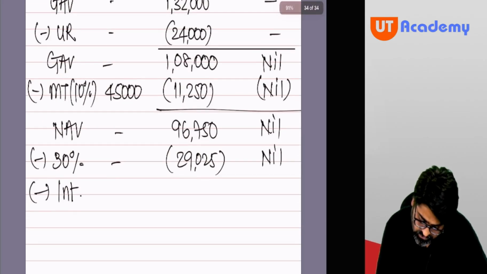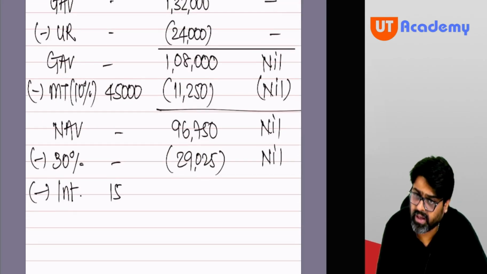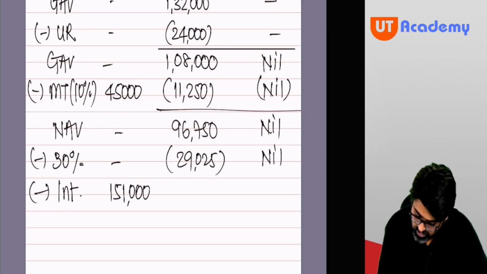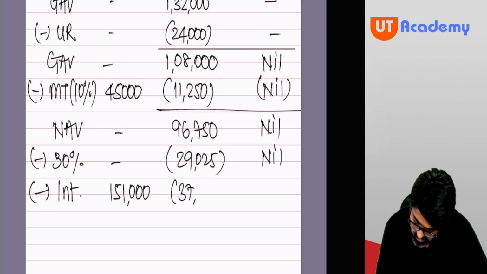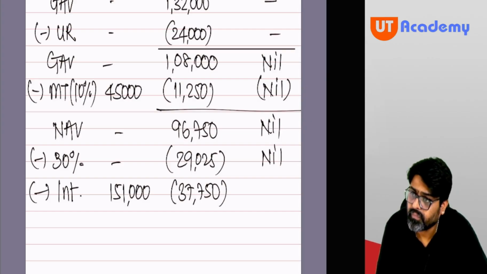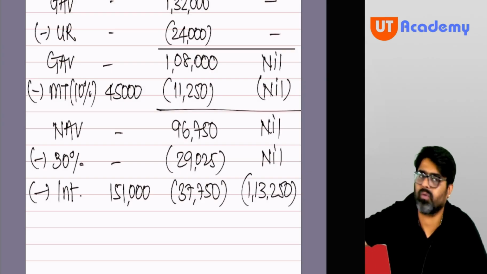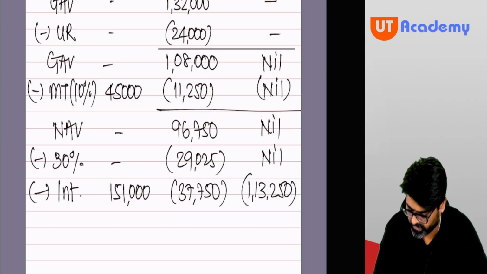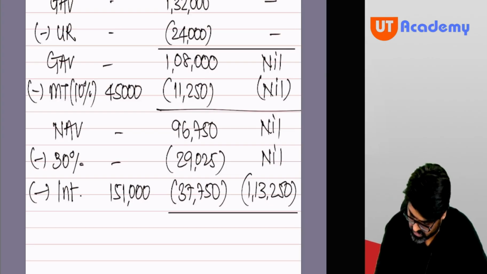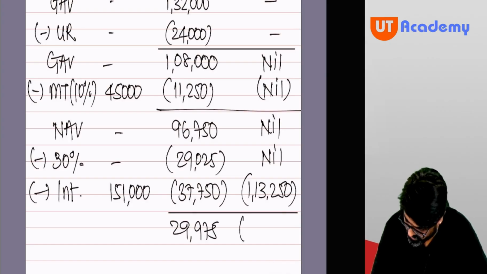How much interest? 1,51,000. 1/4 is 37,750. And here 1,13,000 will be allowed subject to a limit of 2 lakhs. Fully allowed. Getting my point? Now tell me how much? It will be negative 1,13,250.